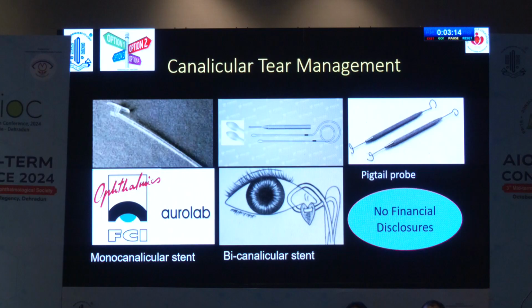And when you have to pass through the normal canaliculus, there is a risk of damaging the normal canaliculus. Now these more simpler ones are available. You can use these even for a two-cut canaliculus. You can use the individual monocanalicular stents, and these are simpler and don't need much expertise. There's no risk of damaging the other canaliculus.